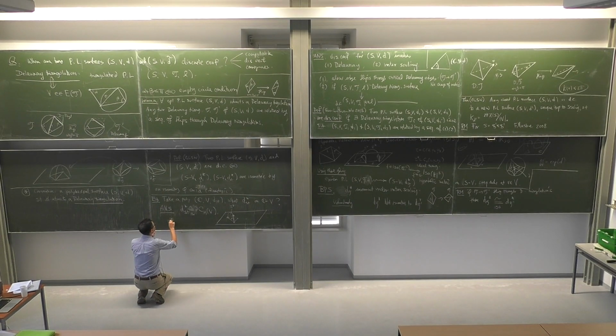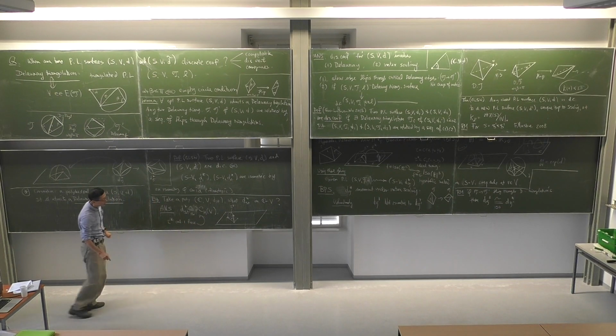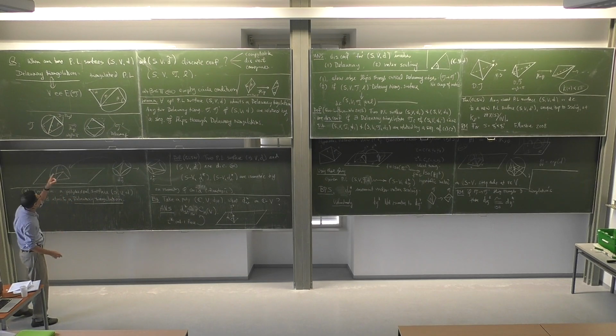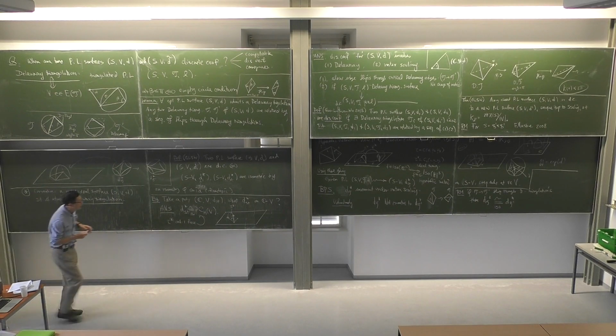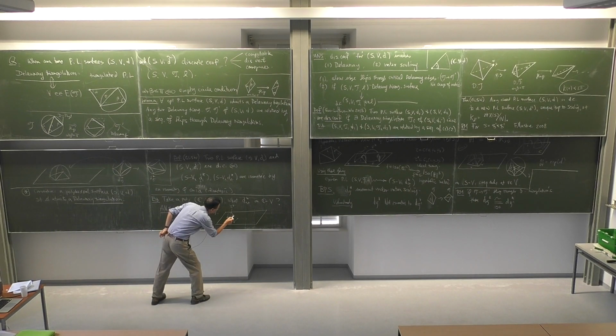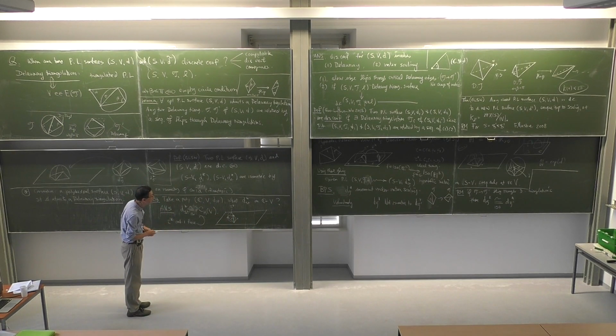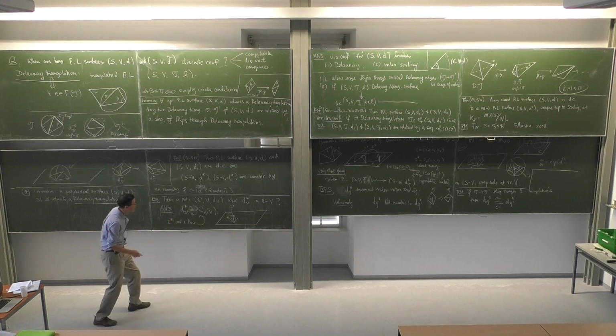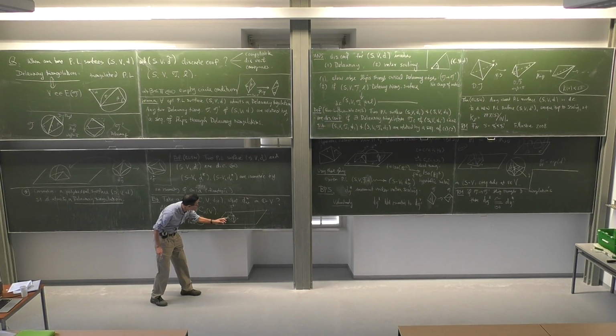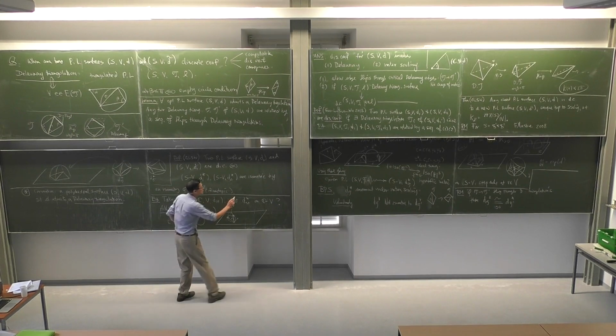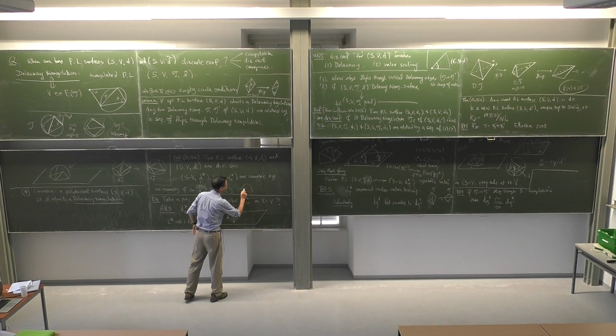It is a codimension 1 face of the convex hull because of the empty circle condition. If you draw the circle through 3 points, there is this hemisphere over it, right?